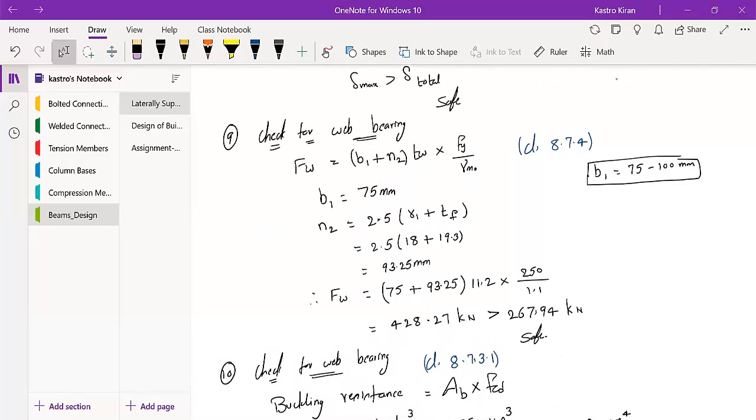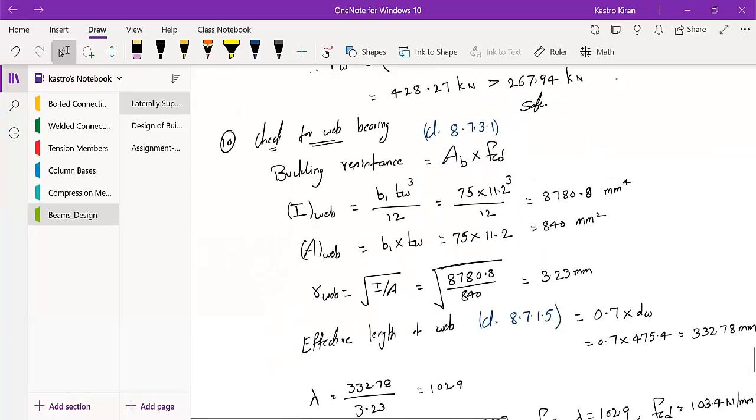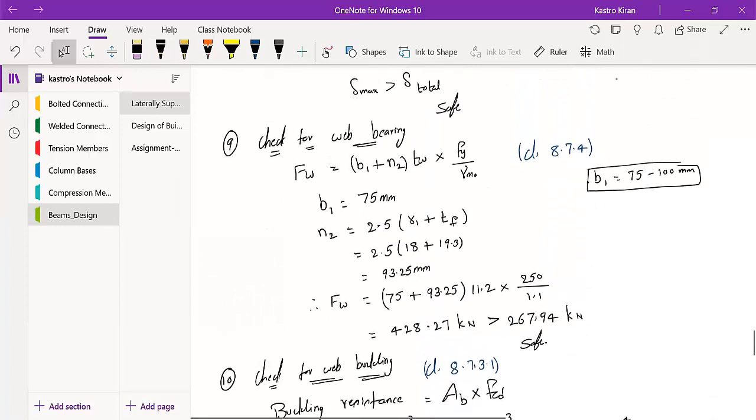Both I have written as check for web bearing. This is not check for web bearing, it is check for web buckling. Please correct this. You have to solve check for web bearing as well as check for web buckling when you have a combination of loads. It need not be two alone. It can be a combination of UDL plus point load plus point load.